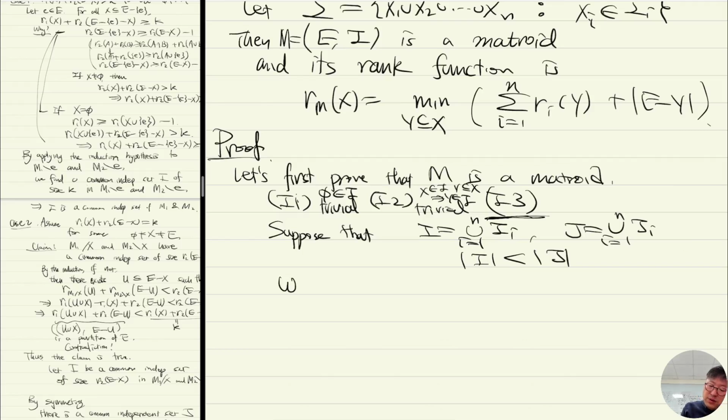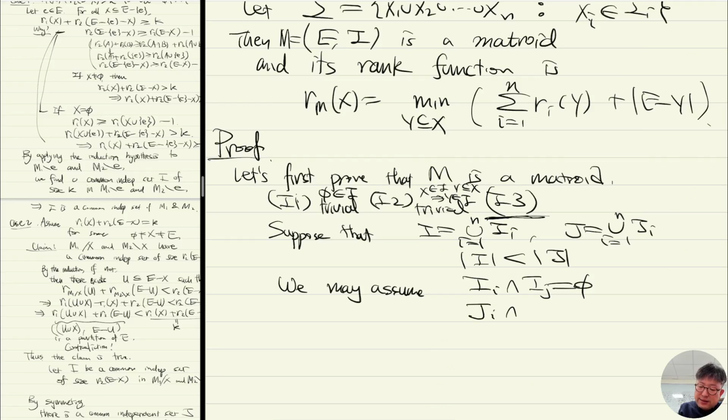Now we may assume that Ii intersection Ij is empty for i not equal to j. Because otherwise, we can keep the same I, but if you have a redundant element that belongs to two of the Ii, then just remove it from the others.